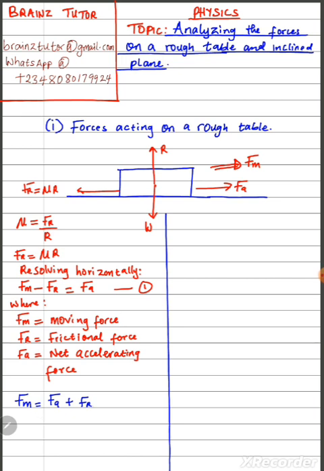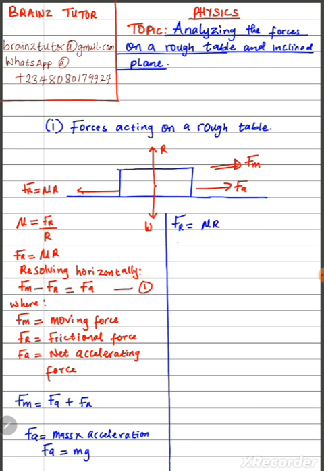Now, the force of acceleration is usually given by mass times the acceleration, which is denoted by Fa equals ma. Likewise, Fr is equal to the coefficient of friction times the reaction.